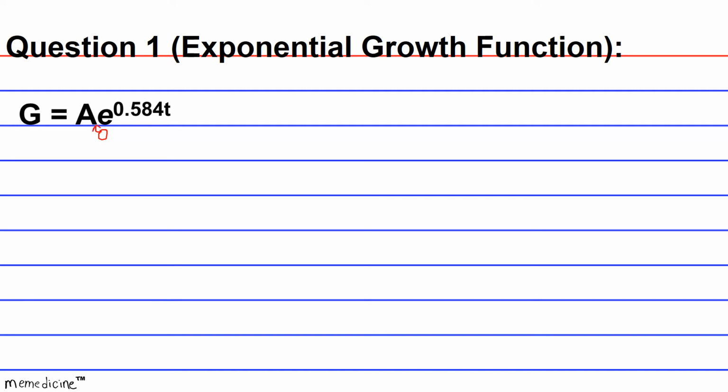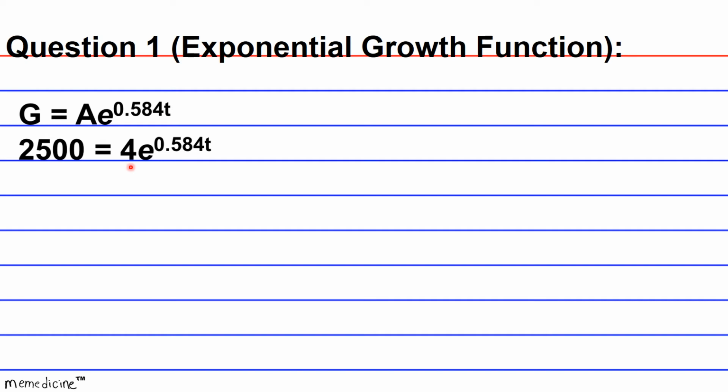When you substitute values, this is what you end up with: 2,500 equals 4 times e, or Euler's number, raised to the 0.584t, 2,500 being the final amount of bacteria and 4 being the initial amount.